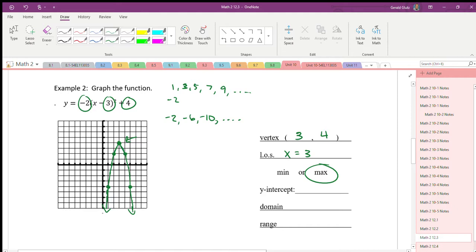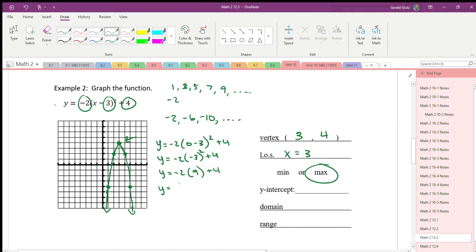The y-intercept, again, it's not on this graph, so I'm going to have to figure it out by plugging in 0 for x. So y equals -2 times (0 minus 3) squared plus 4. So 0 minus 3 is -3. -3 squared is 9, positive 9.